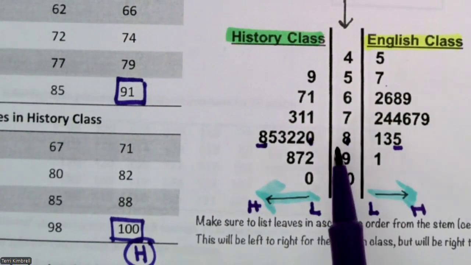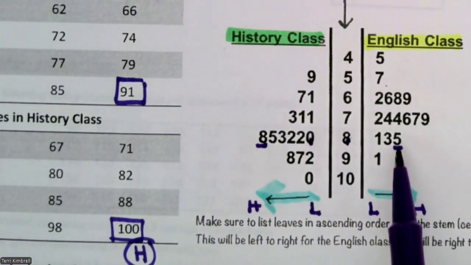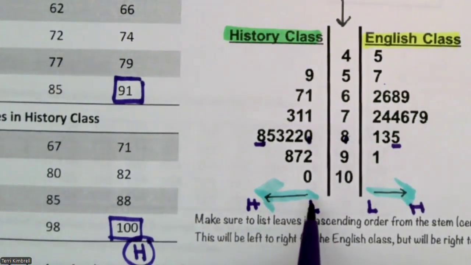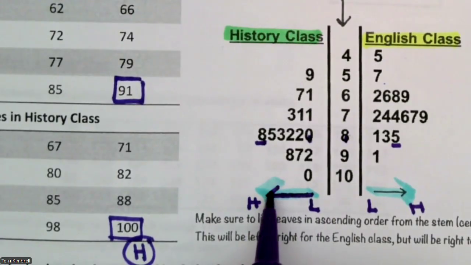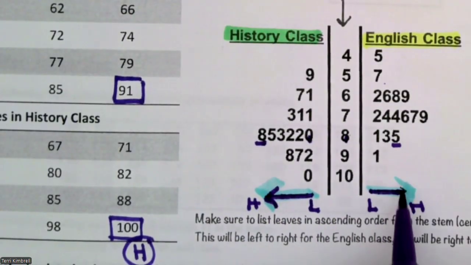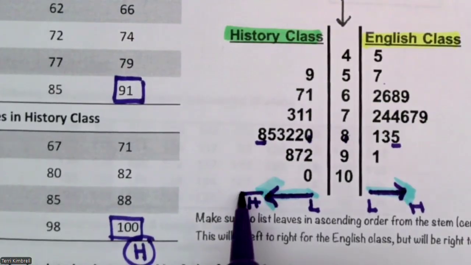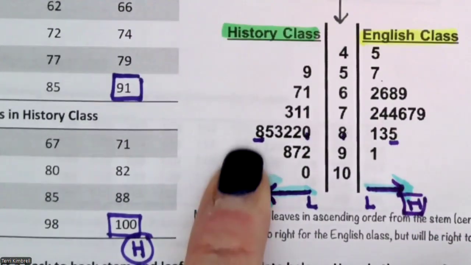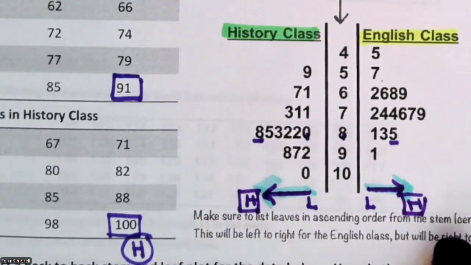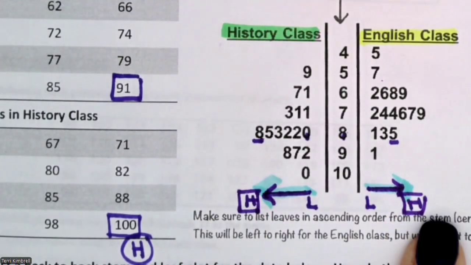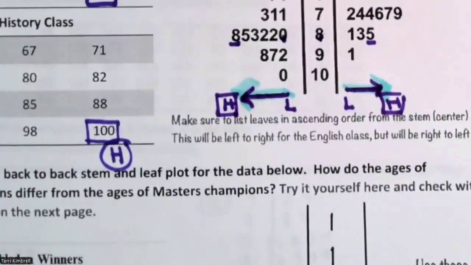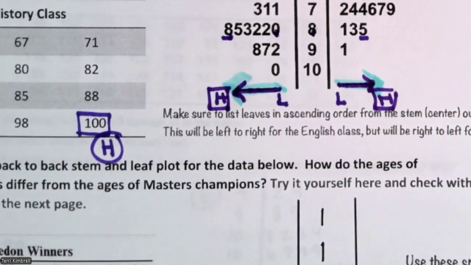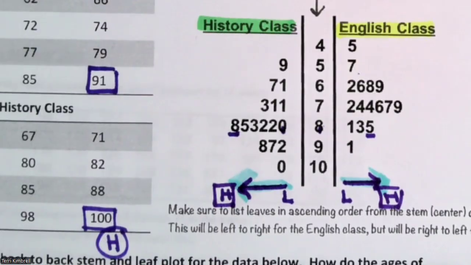Over here, that 85 will be on the right side. So you have to read it from inside out. Inside out. The higher numbers are going to be on the outside. So the higher numbers here are on the left. The higher numbers here are on the right. Okay. So make sure everything is in order and your stem is in the center.